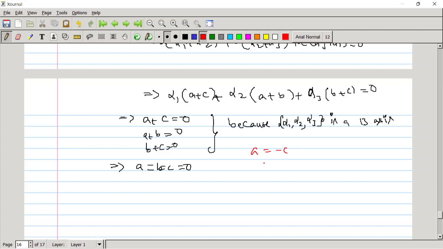Let's substitute this in the second equation, so we get minus c plus b equal to 0. And from the third equation we have c plus b equal to 0. By adding these two equations we have 2b equal to 0, that implies b equal to 0. So from this c equal to 0 and a equal to 0. This is how a equal to b equal to c equal to 0.